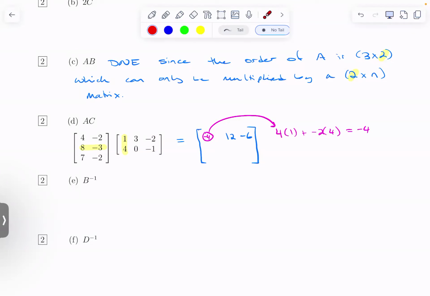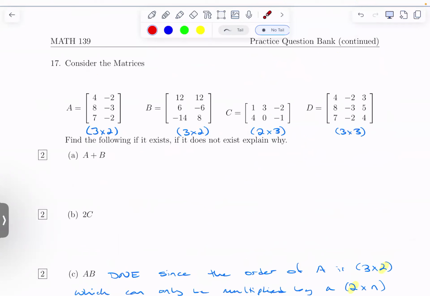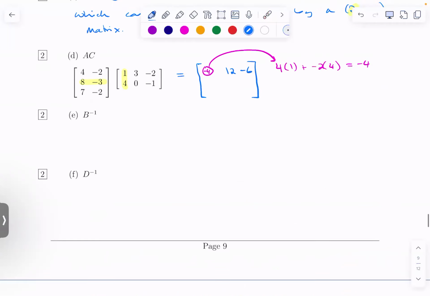But we are short on time. Does B inverse exist? No, right? Can only find the inverse of a square matrix. Okay. And so B inverse does not exist.